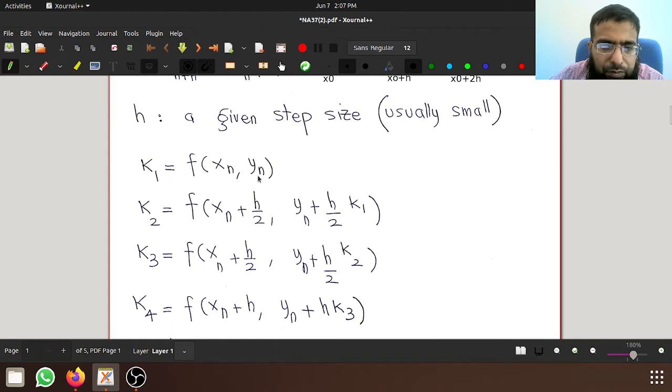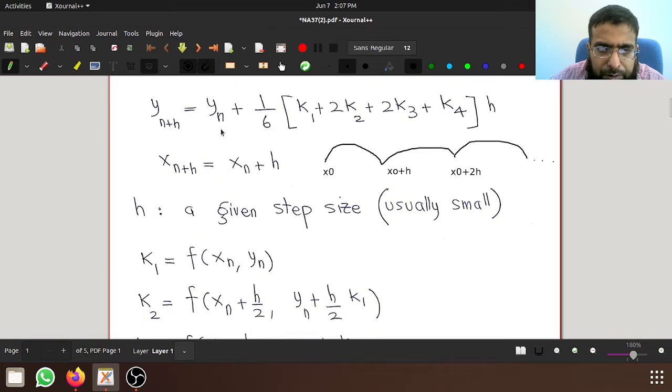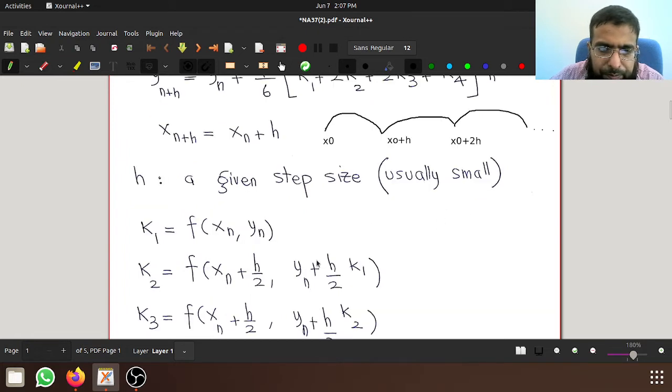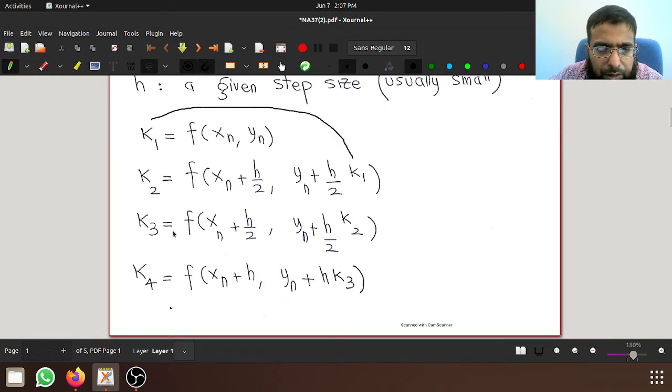K1 is f of x n, y n, and n is our point for this particular iteration. It may be x naught initially, then x naught plus h, then x naught plus 2h, etc. And k2 is computed as f of x n plus h by 2, and y n plus h by 2 k1, where k1 is this k1. And the formula for k3 is dependent on x n, y n, h, and the k2 that we computed in the last step.